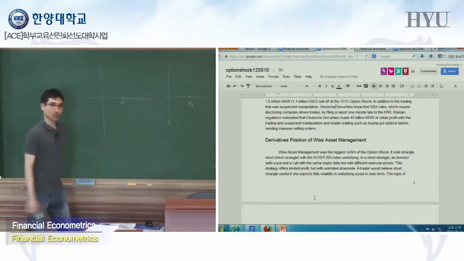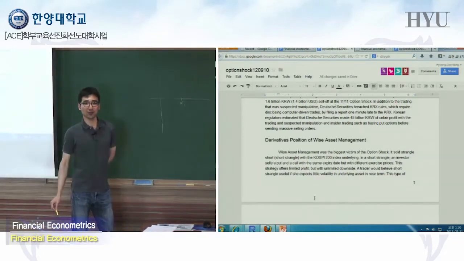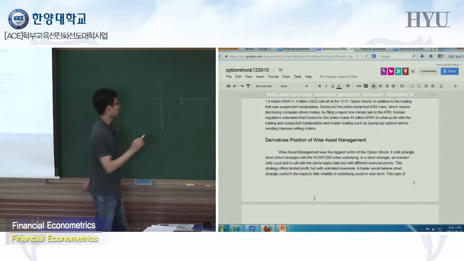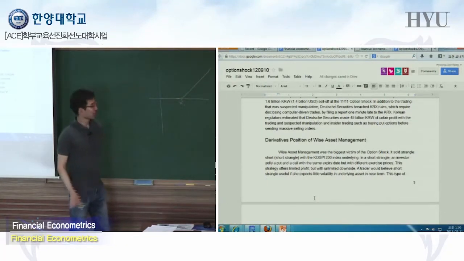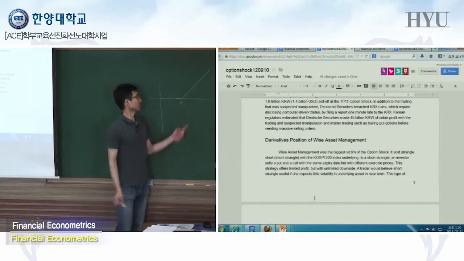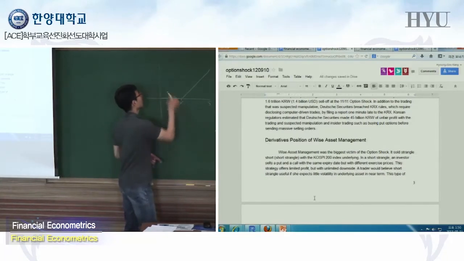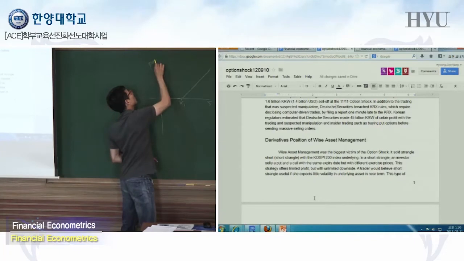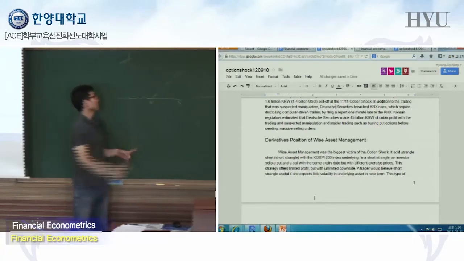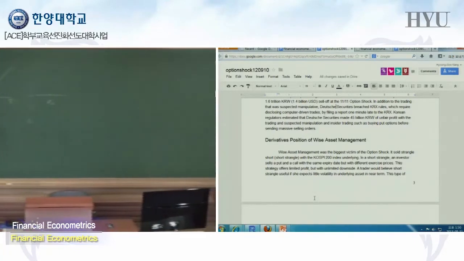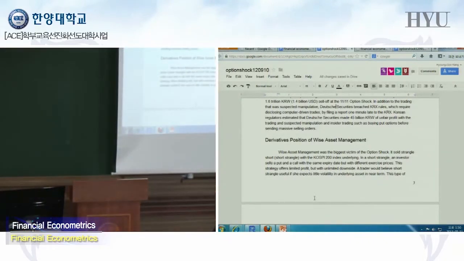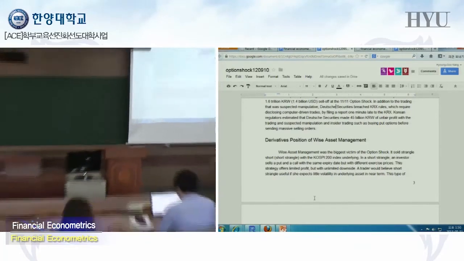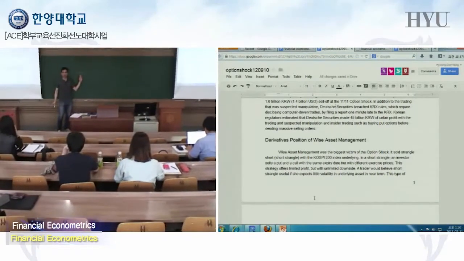What is the call option payoff at maturity? At maturity, the call option payoff looks like this, right? So it is the exercise price. Therefore, if the stock price is greater than X1, they will exercise the call option and make money by this amount. If the stock price is less than X1, they do not exercise the call option and make no profit.